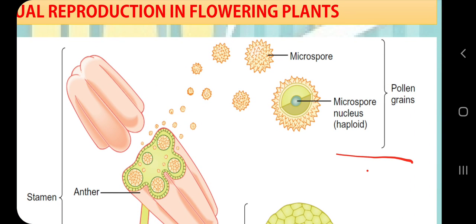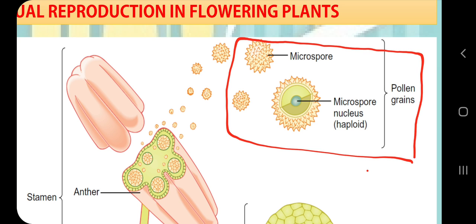Now we know why, because microspore is a single cell, and when it divides it will give rise to a 2-cell or 3-cell structure, that is called pollen grain. So for class 12th biology we can use these microspore and pollen grain terms interchangeably, although there is a slight difference. The first cell of male gametophyte is called microspore, which is a single cell.